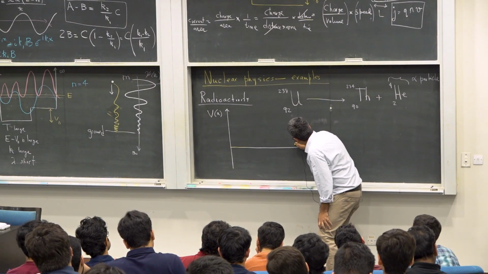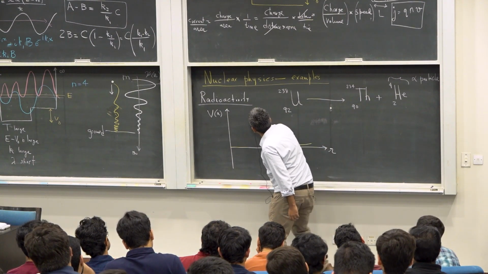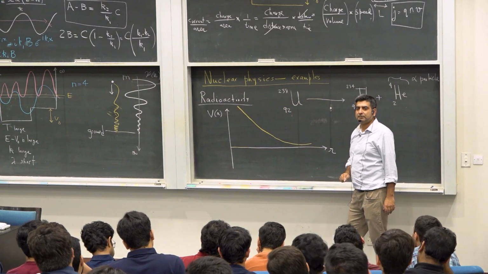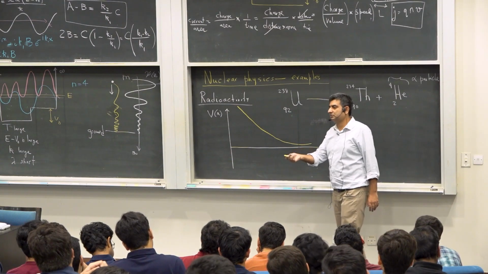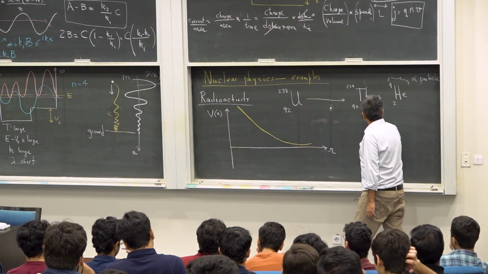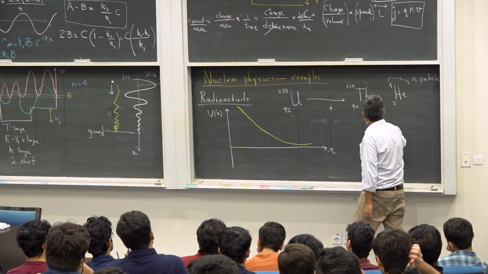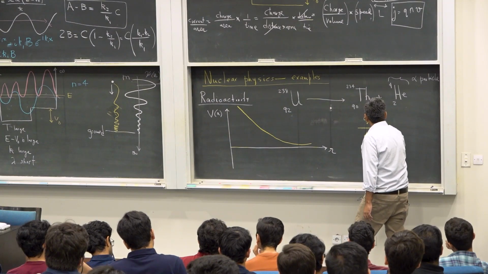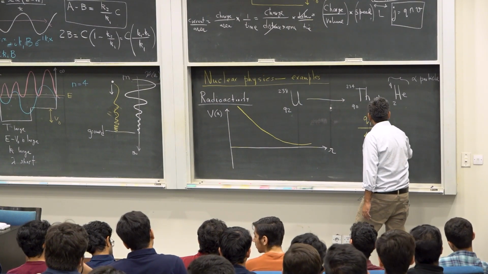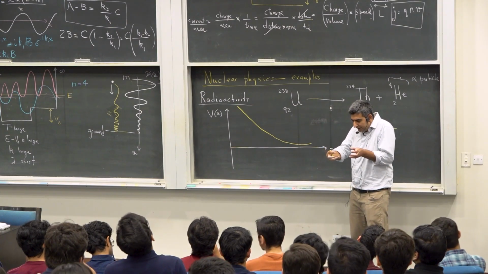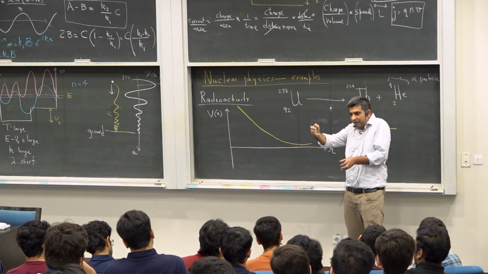So the energy keeps on going up. This also comes from Coulomb's law. The energy here is Q1 Q2 over 4 pi epsilon naught R. R is the distance between the nuclei. You squeeze the 2 nuclei, the 2 protons together, the energy keeps on going up.